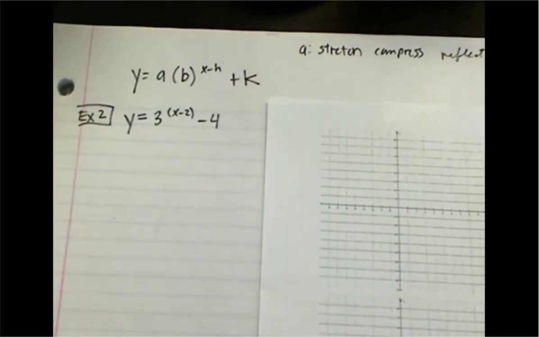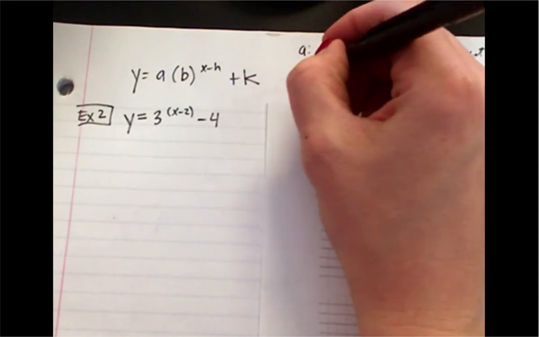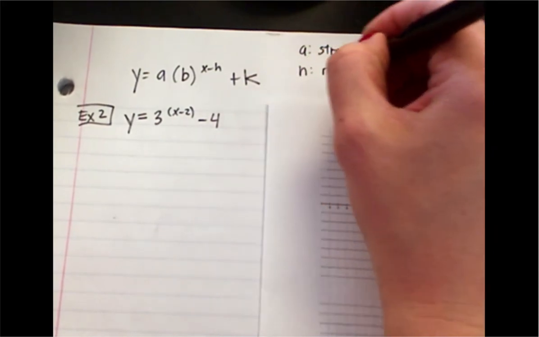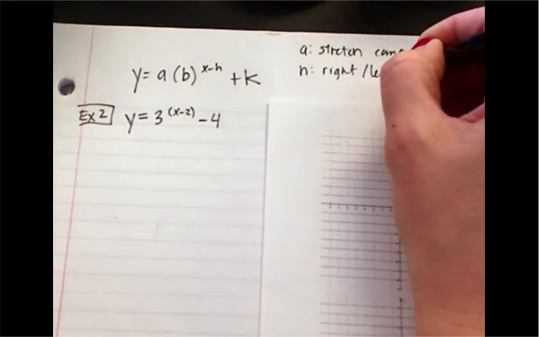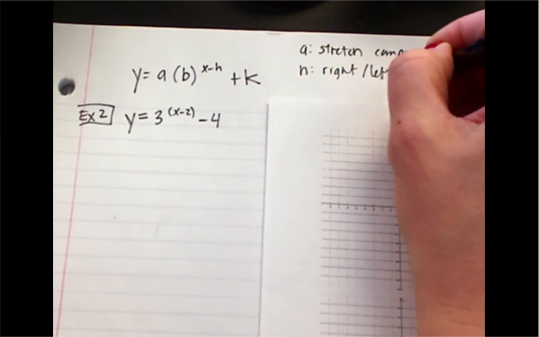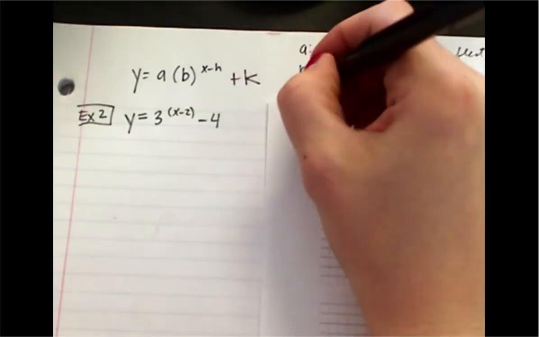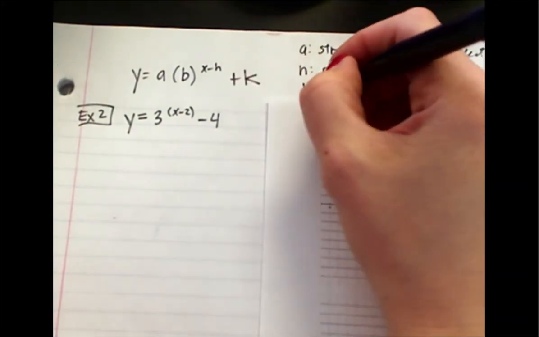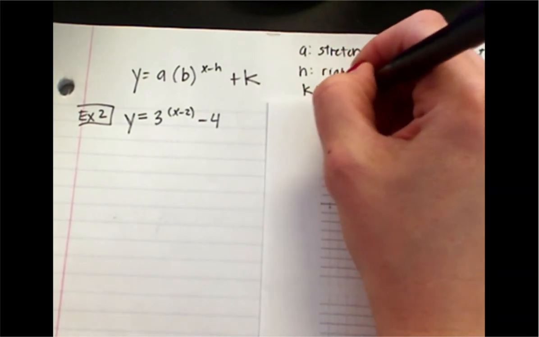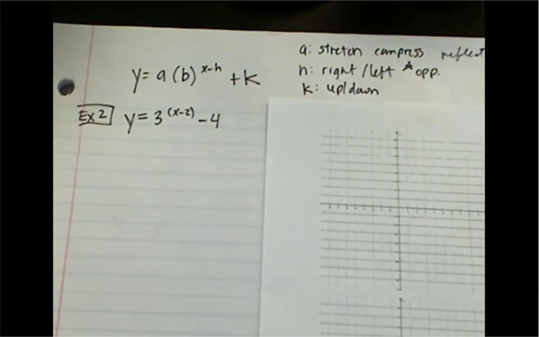My H is right or left. Keep in mind that it is still opposite, right? It's been opposite since September. And my K value is your up or down. Now, I'm going to add a letter here, HA.